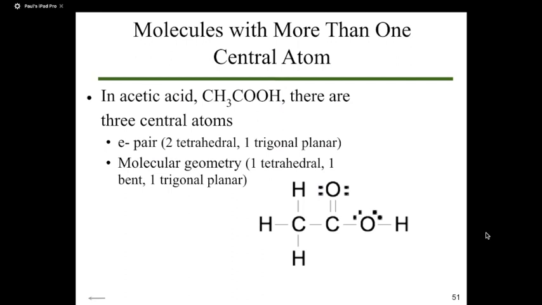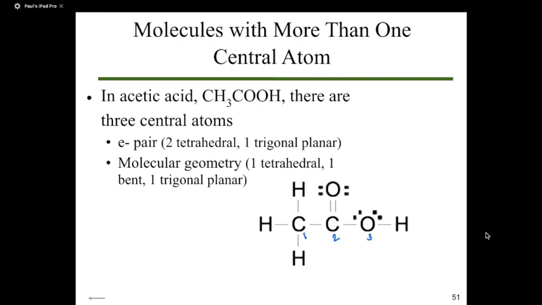There are 3 separate central atoms that you have to deal with individually to know what the shape is. So there's carbon number 1, there's carbon number 2, and there's oxygen, that is 3. And so if I looked at carbon number 1, how many electron domains are around that carbon number 1?